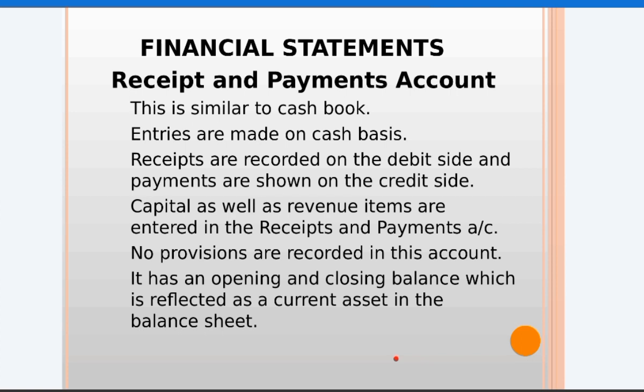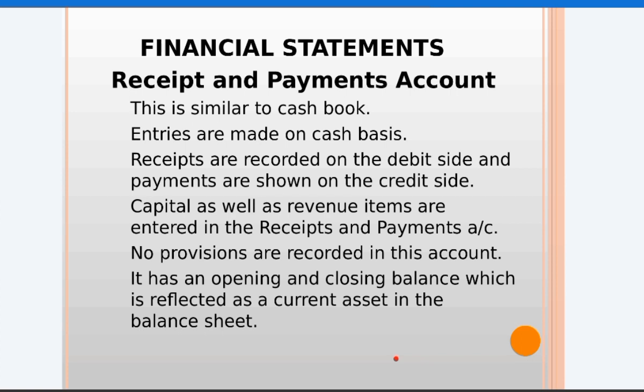So whether you receive cash or checks, or whether you pay cash or checks, that is what qualifies these entries to be made in a receipts and payments account. That means you will record the receipts on the debit side of the receipts and payments account, and you will record payments on the credit side.